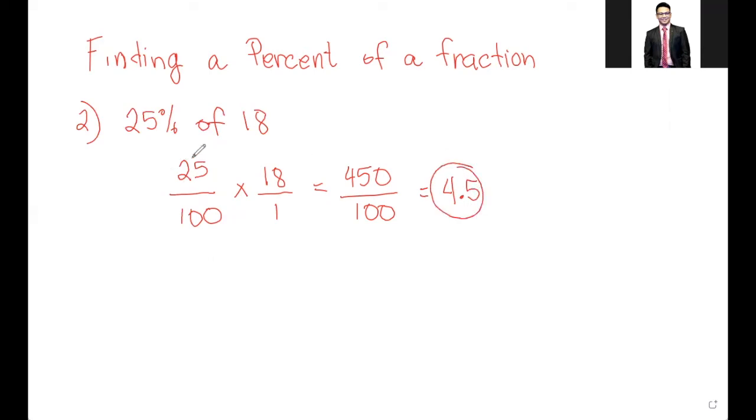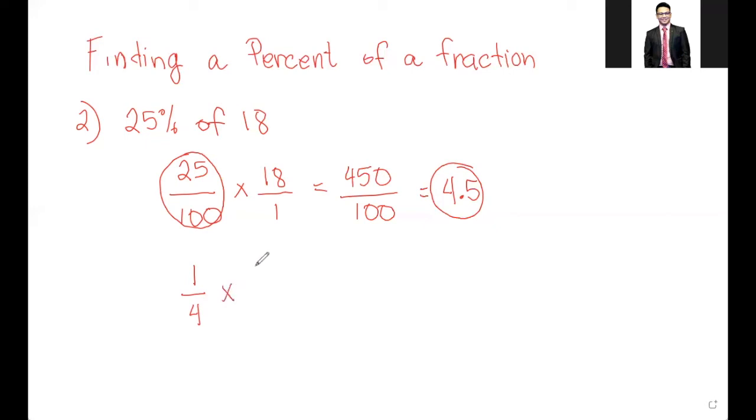Again, you notice that this is a fraction that can be simplified further. 25 over 100 can be written as 1 over 4. So we can use 1 over 4 instead of 25 over 100.